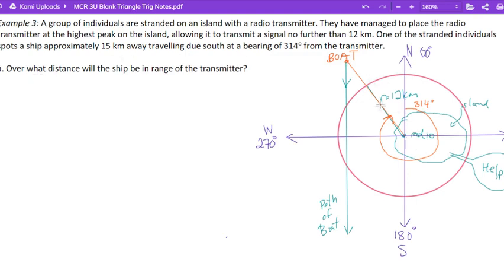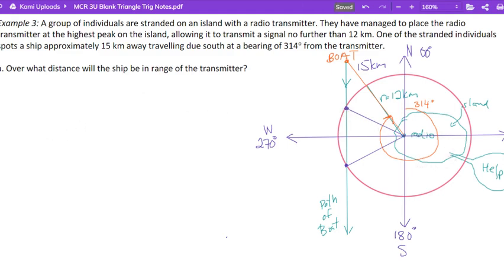We know the length of the orange is 15 kilometers, and we are asked over what distance will the ship be in range of the transmitter. So that means between here and here is the length we want.